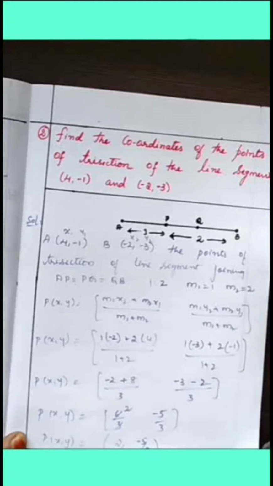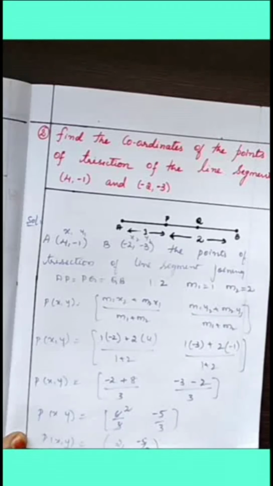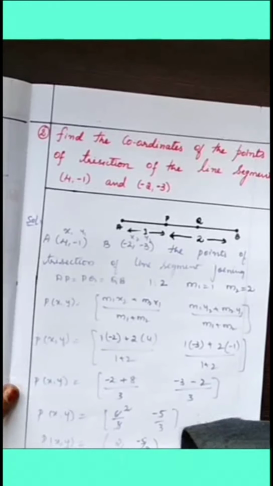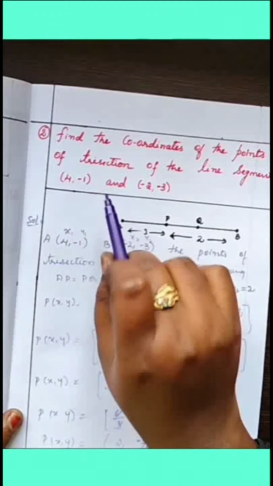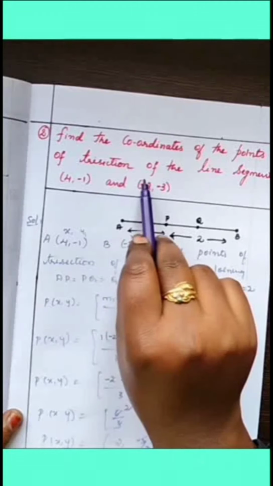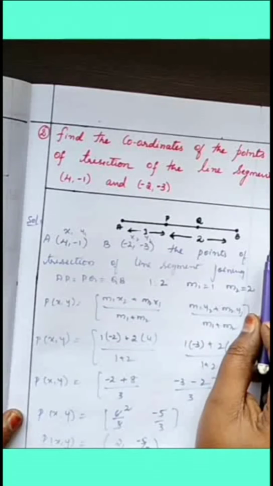Okay, dear students, listen to this problem once again. Here AB is one line. That line is dividing into how many line segments? 3 line segments. That is why in the question they have mentioned the points of trisection. AP equal to PQ equal to QB.